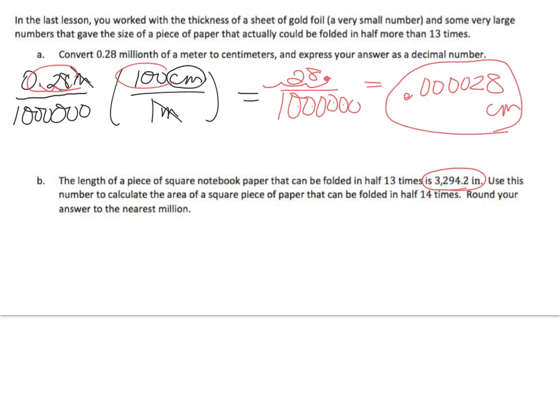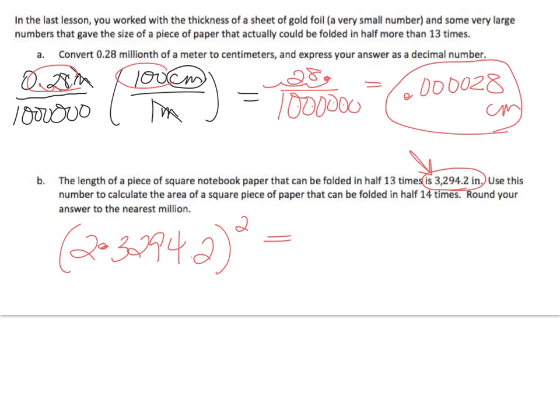All right, so if it's going to be folded in half 14 times, I think I need to double this paper. So we have 2 times 3,294.2. So that's the length. And the area is going to be squared, right?